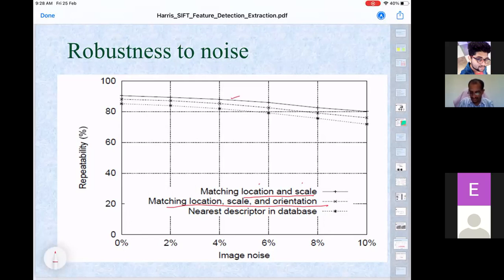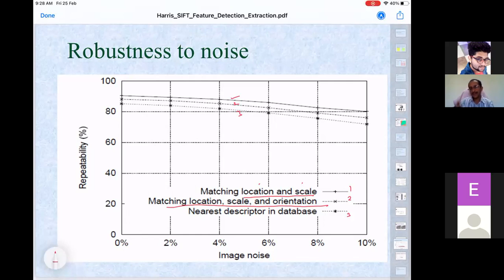In the top, the first one, and this is the second curve, and then this is the third curve. Matching to the orientation, scale, and location is more difficult than just matching to the scale and location. The reason being there may be some false orientation assignments when we go from location and scale to the orientation.